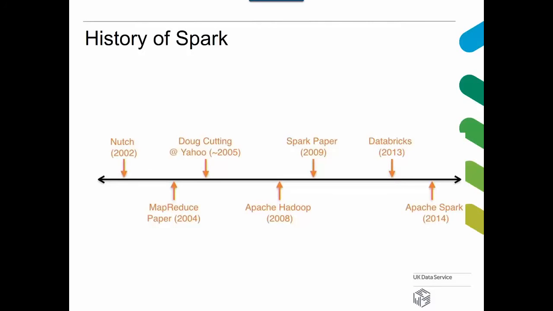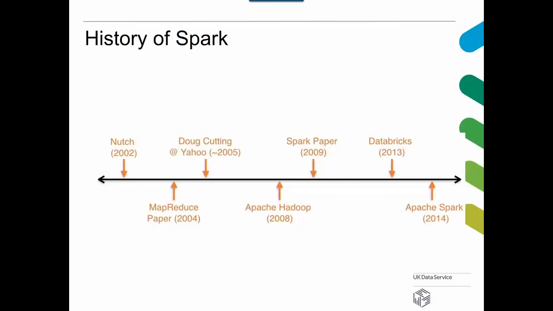In 2009, a gentleman called Matei Zaharia at UC Berkeley wrote a paper as part of his PhD thesis on a product he invented called Spark, the idea being that it would combine all the different types of processing available in Hadoop into a single system, and it would be far more interactive and a lot quicker than the MapReduce systems that were current at the time. It proved very successful, and in 2013 he created a company called Databricks, whose sole purpose in life is to market the uses of Spark, and it's gone through a number of iterations in the process.